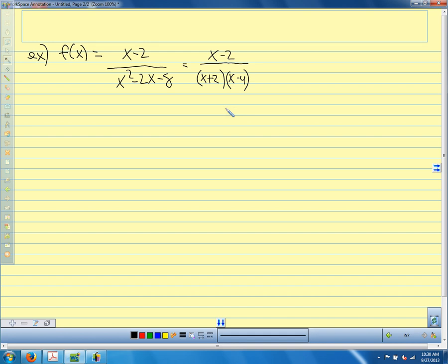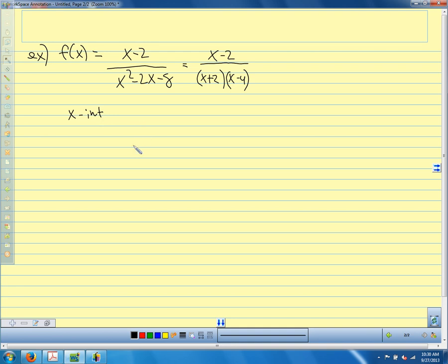What do we know? A couple of things that we know about the graph. Does it have any holes? No holes, because we don't have any common factors. Now it's easy to see where our zeros in the numerator and denominator are. We can start figuring some things out. So let's figure out our x-intercept.